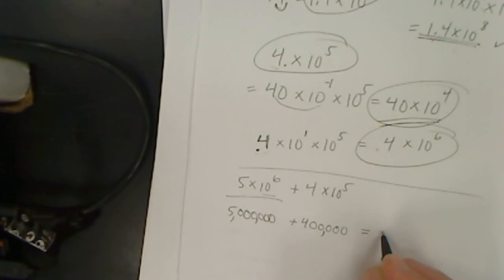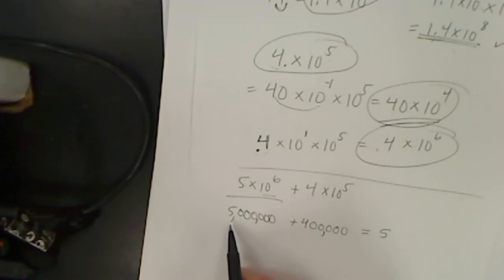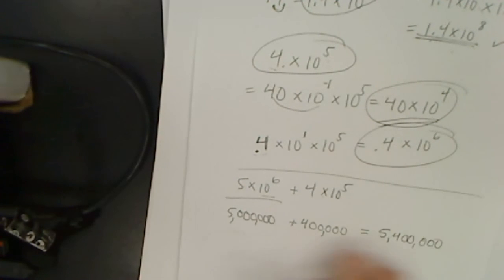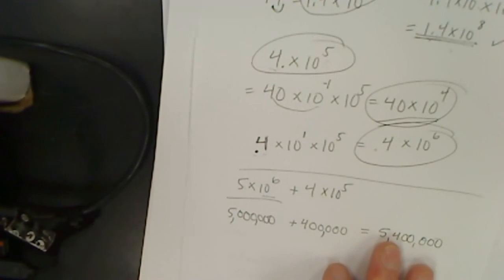It's going to be 5 million 400,000. Okay, that's the answer. It's pretty simple, right?